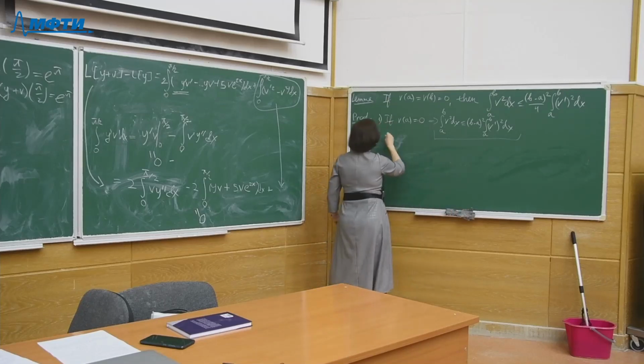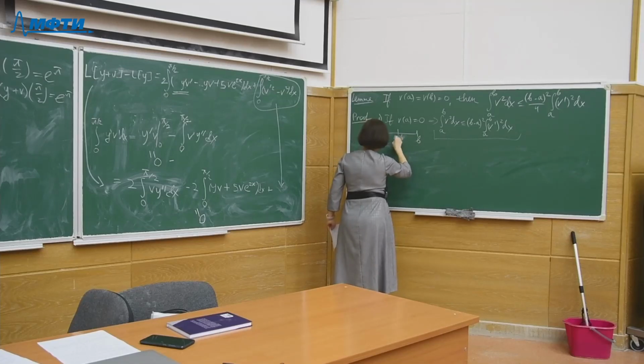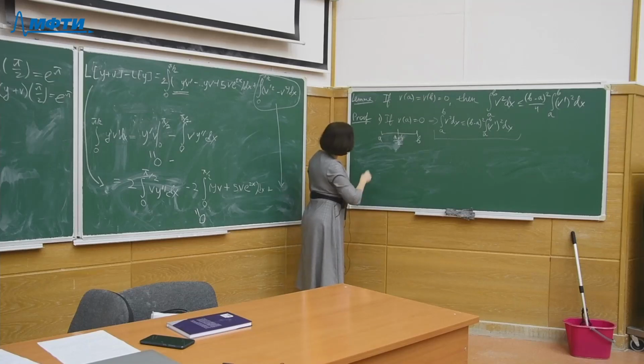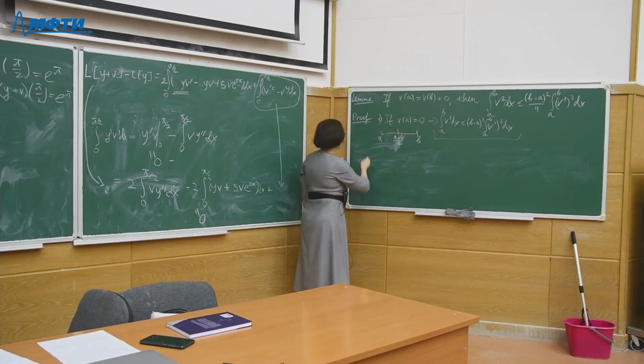Now I will divide the segment from a to b in half, at the point (a plus b) over 2.